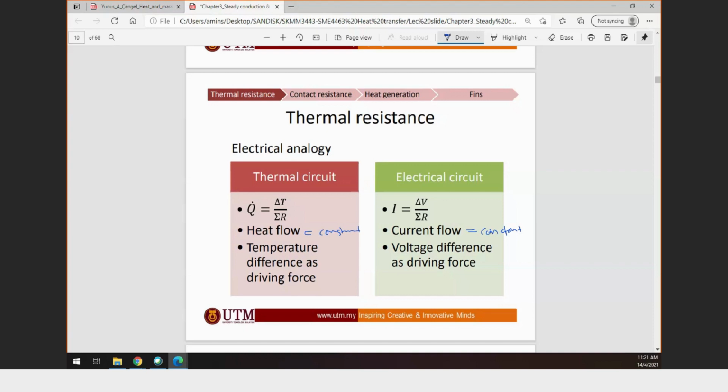The difference is due to the voltage in the electrical case, but in heat transfer the difference is due to the temperature.